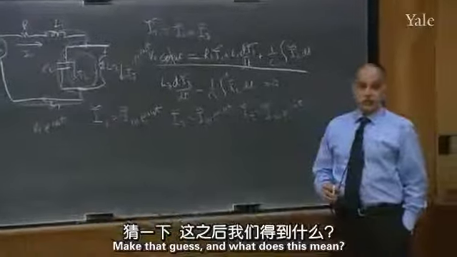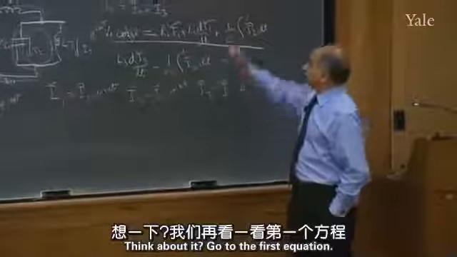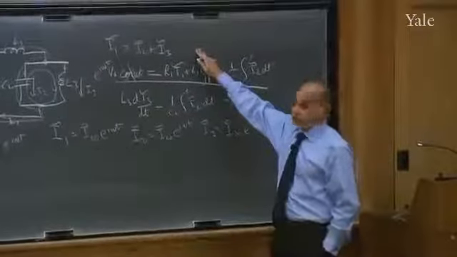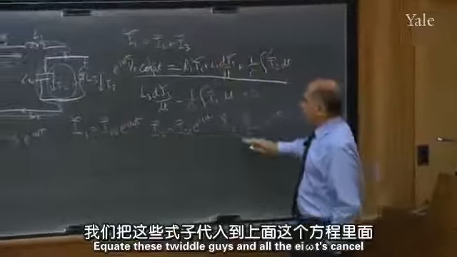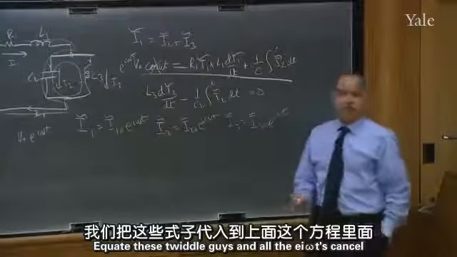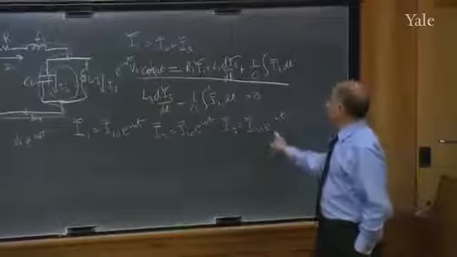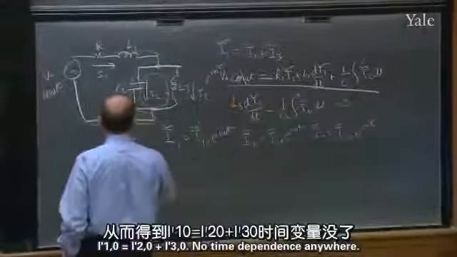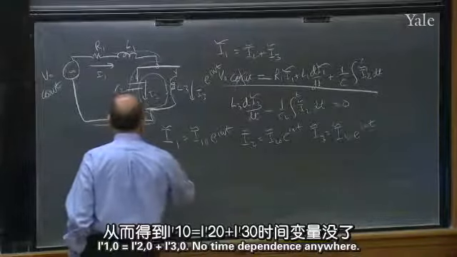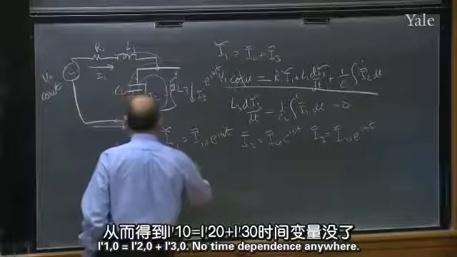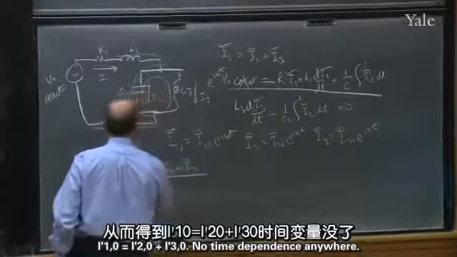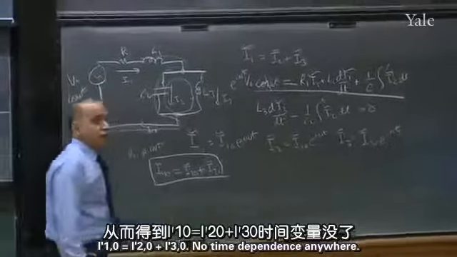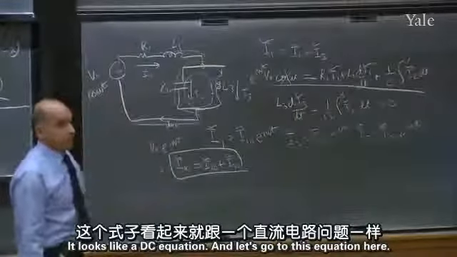Make that guess. And what does this mean? Go to the first equation. You equate these twiddle guys, and all the e^(i omega t)'s cancel on all three terms. So you get an equation that says I1 twiddle 0 is equal to I2 twiddle 0 plus I3 twiddle 0. No time dependence anywhere. It looks like a DC equation.